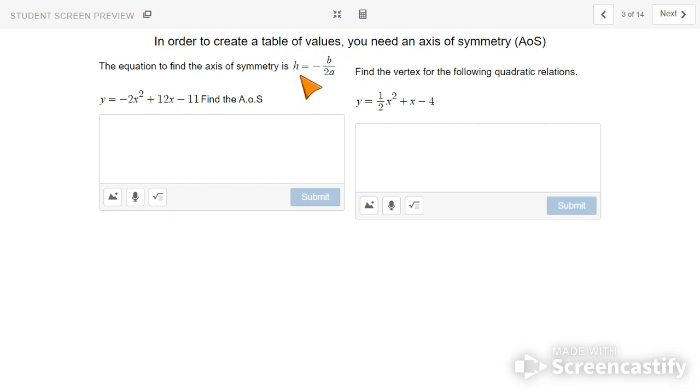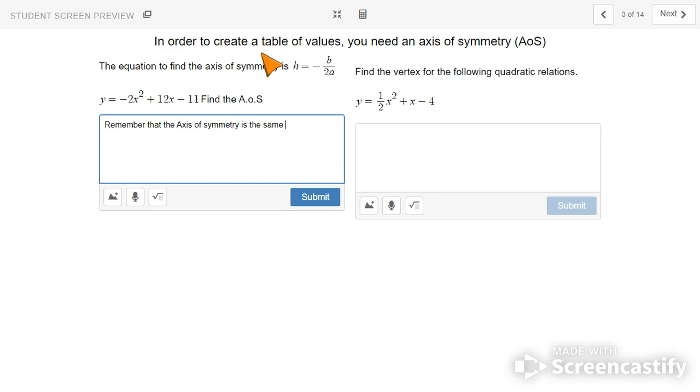But we remember that the axis of symmetry is also the x-coordinate of the vertex. So let's look at this in context.